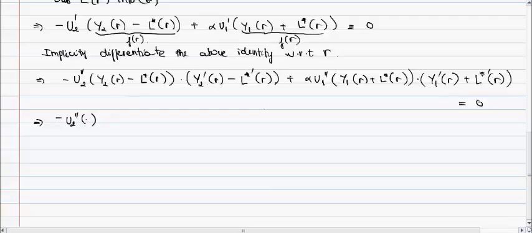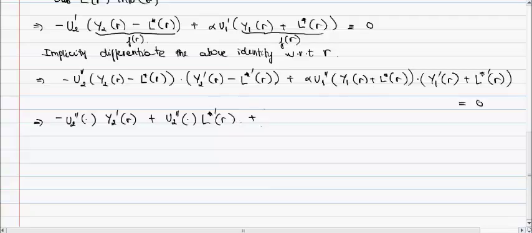Okay, so if I expand this bracket over here, that becomes negative u2 double dash times y2 dash as a function of r. Minus, so minus becomes a plus, u2 double dash as a function of everything, I'm not going to rewrite that, multiplied by L star dash as a function of r.